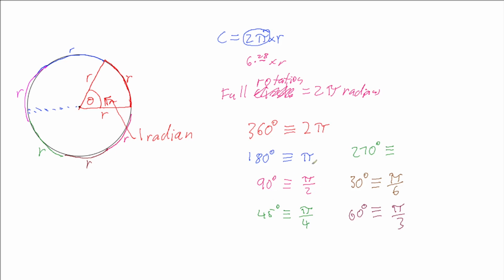Pi plus pi on 2, well, that's going to be 3 halves of pi, or 3 pi on 2. So if you've rotated down here, that's a rotation around to 3 pi on 2.